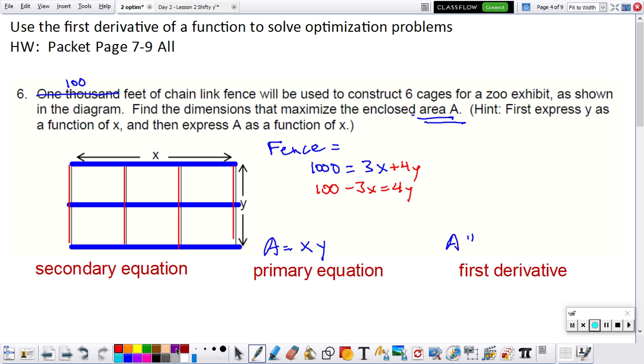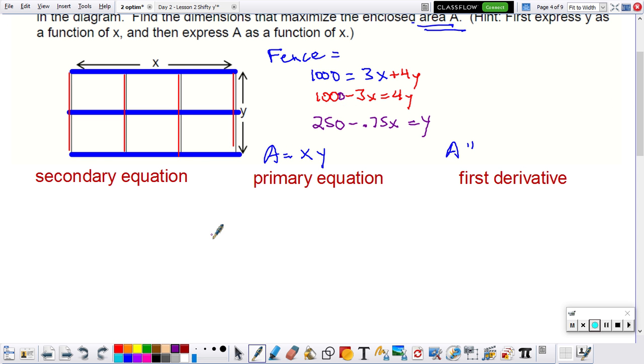and then divide by 4, and we get 250 minus 0.75X equals Y. So that's kind of like our secondary equation. We're going to plug that in, and we've got area equals X times 250 minus 0.75X, distribute.